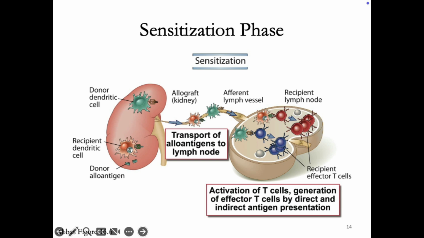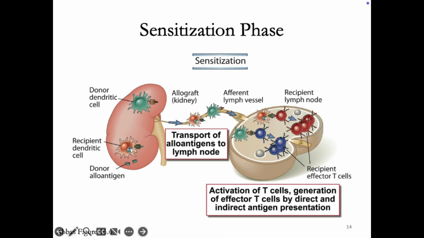Like a day, a few hours maybe, and then it's gone. And then, so I have a phase of the response, and then it stops. And then I get the second phase if I ever see the antigen again.